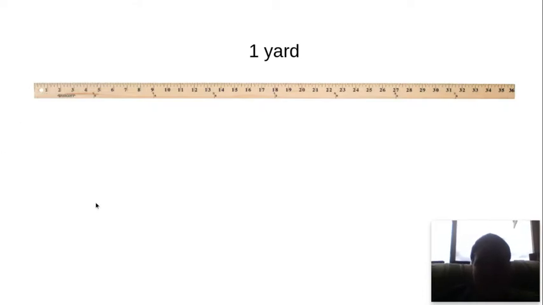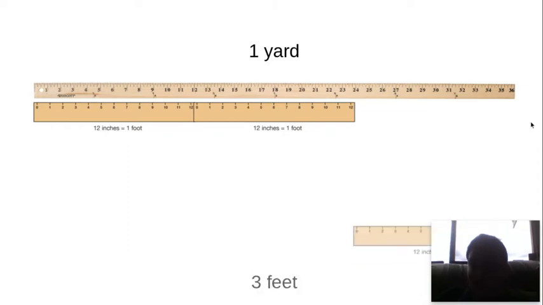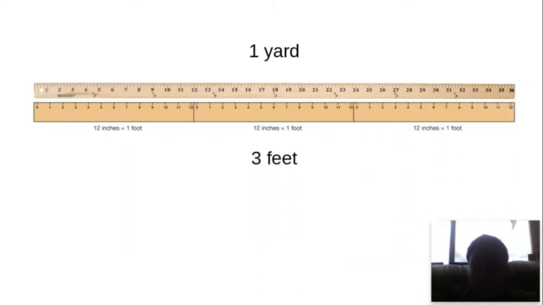Now, 1 yard is the same as 3 feet. So when you have your 1 yard ruler, this super long one, it's the same as 3 of these small rulers. Each one of these small ones is 12 inches, which is 1 foot.